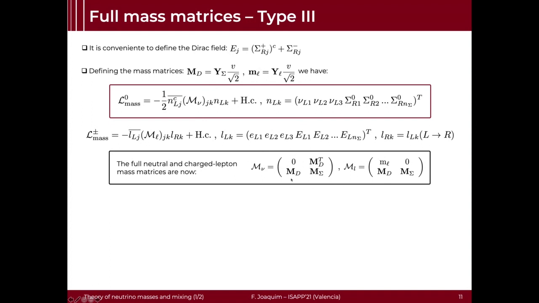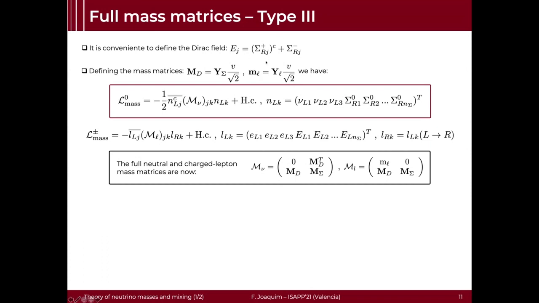So M nu is very similar. It has exactly the same form as for the type 1 seesaw. The only difference is that MR is replaced by M sigma. But now for ML, you see that the charged lepton sector is not as trivial as in the case of the type 1 seesaw, because in the type 1 seesaw, we were not adding new charged fields.